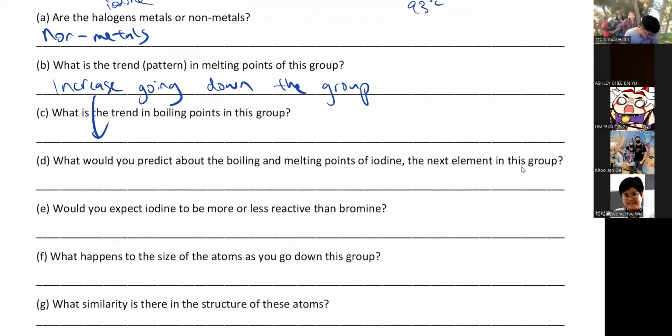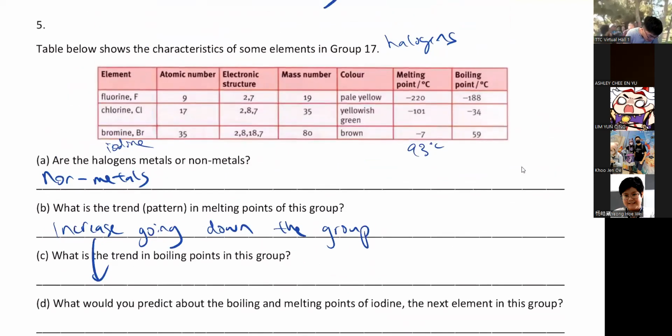Next D. What would you predict about the boiling point and melting point of iodine, the next element? It will be for sure higher than bromine, right? Because see, chlorine is higher than fluorine: negative 101 is higher than negative 220, negative 34 is higher than negative 188.